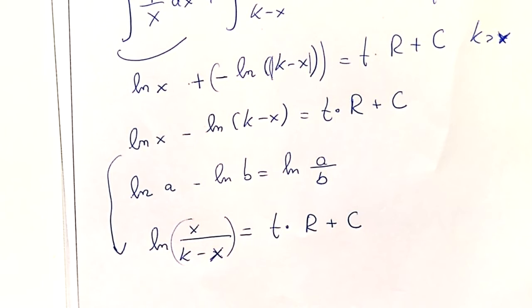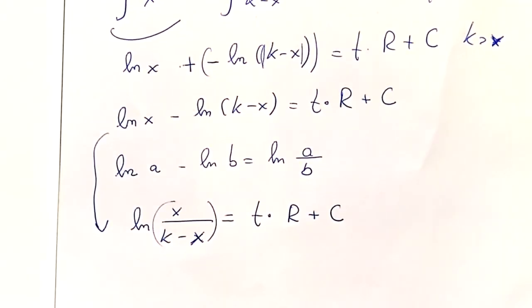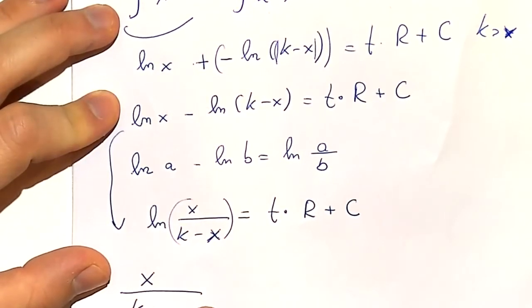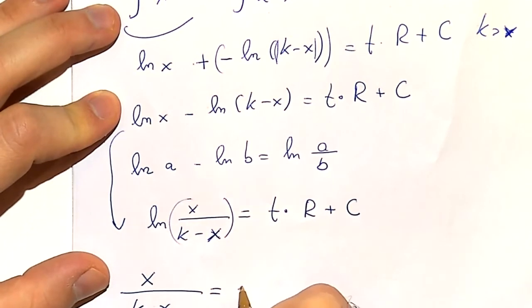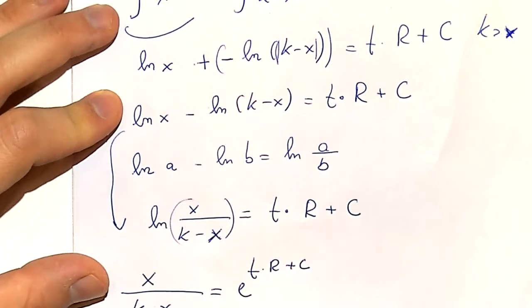Okay, now what is this? What does log mean? It means that x over k minus x is equal to e to the power of tr plus a constant.